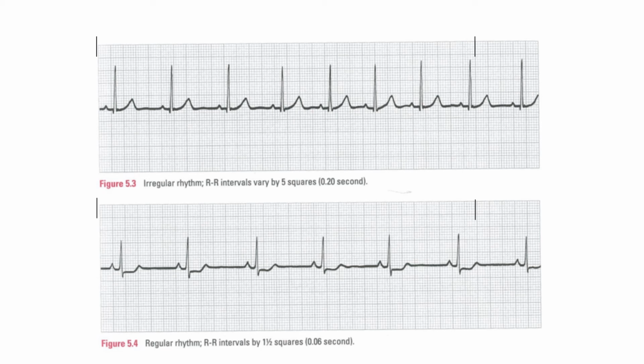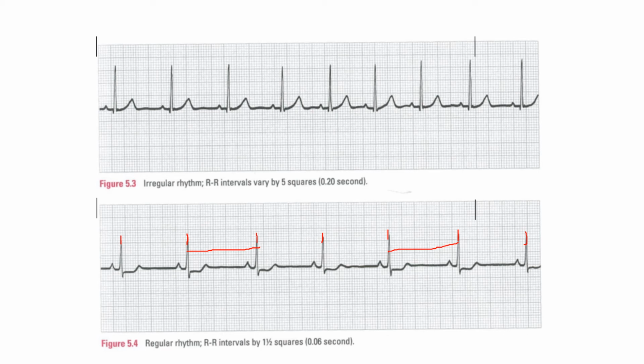And on the bottom, this is also considered a regular rhythm. Now, I know that there's a couple of R to Rs that vary by 1.5 squares. So then you think, well, which one should I use? Again, you should measure every R to R and majority rules. If most of them are exactly the same, and maybe these two are off by 1.5, and maybe this one is off by 1.5, you would still use the R to Rs that match.